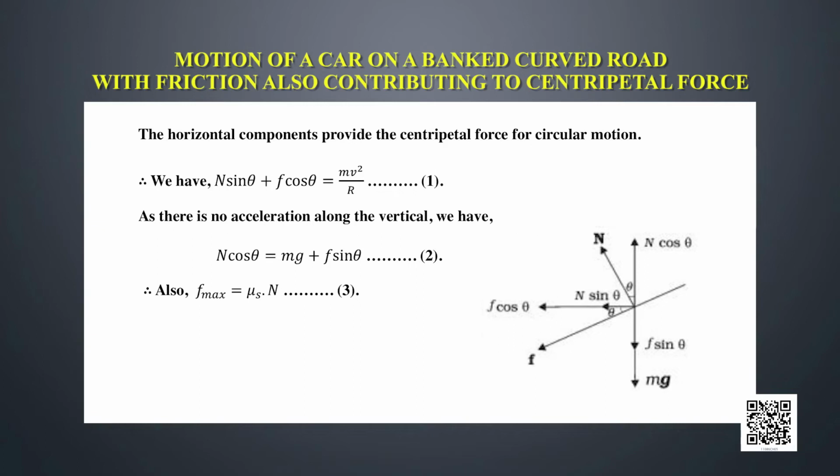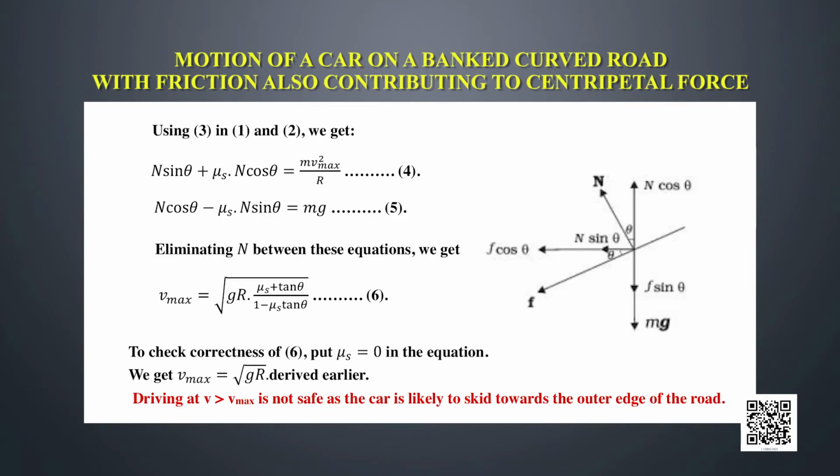Also, the maximum force of friction available is f max equal to mu s N. Using equation 3 in 1 and 2, we get N sin theta plus mu s N cos theta equal to m v maximum square over r.